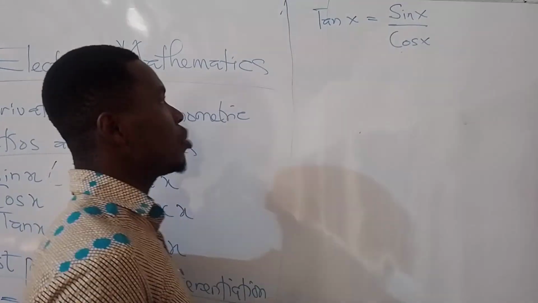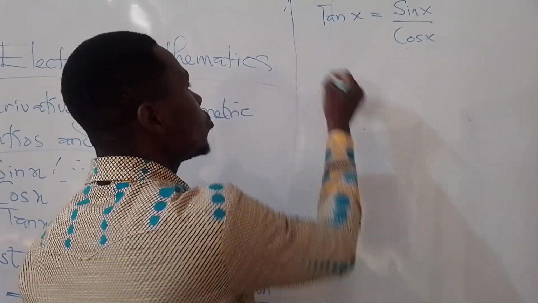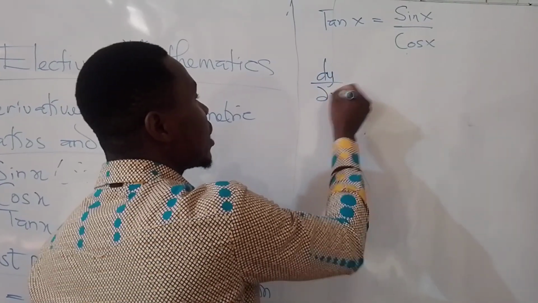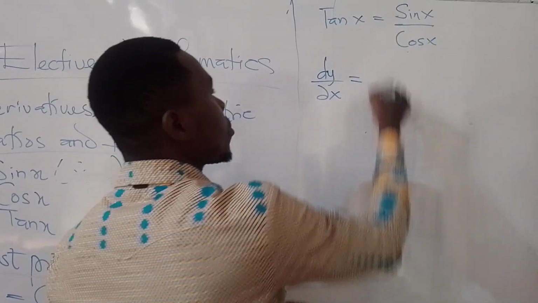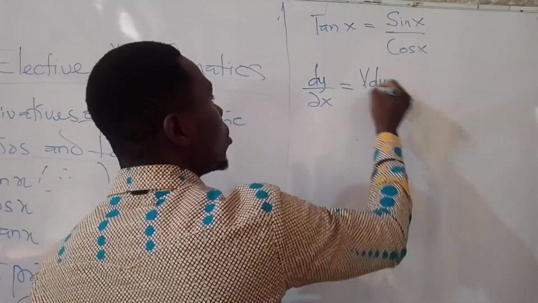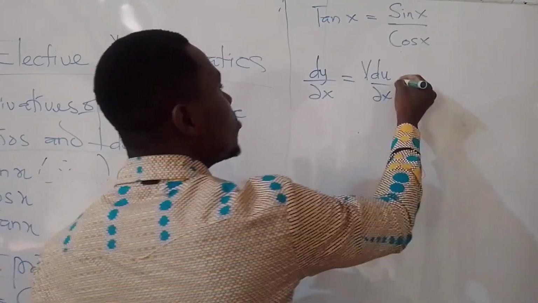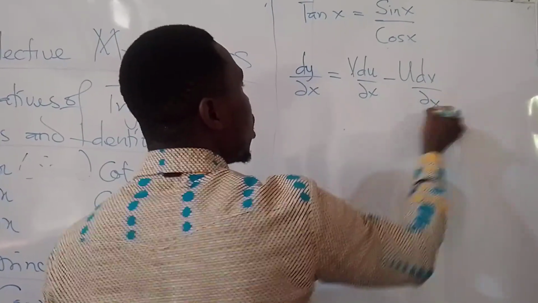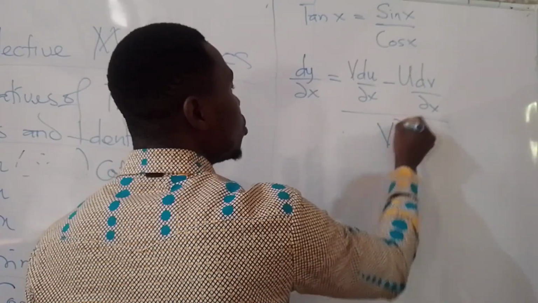The quotient rule says that dy over dx is equal to v du over dx minus u dv over dx, all divided by v squared.